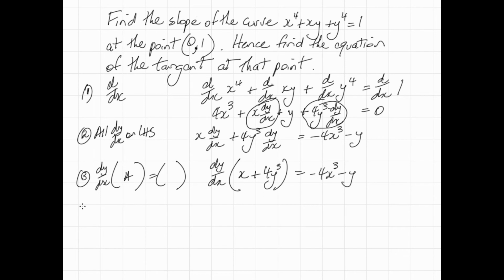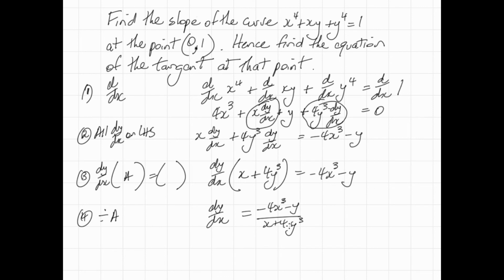And the final step is to divide by the factor. We divide both sides by this to get dy/dx by itself: minus 4x cubed minus y, all over x plus 4y cubed. That's just finding the equation for the gradient.